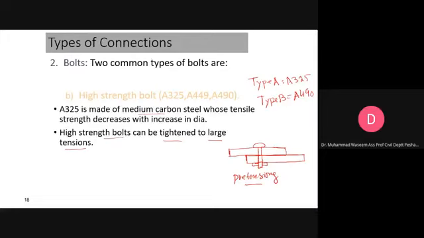We do it with the help of torque. We apply a certain torque to tension the bolts, or pre-tension the bolt. Once you pre-tension the bolt, what will happen? It will apply a clamping force.